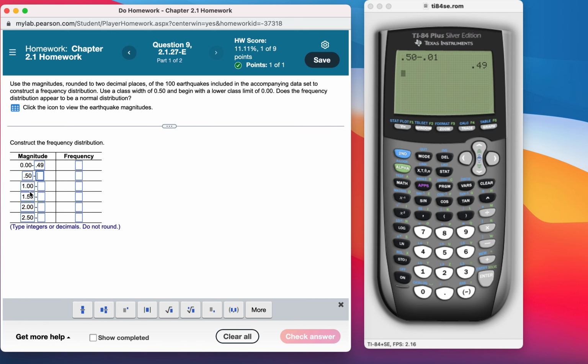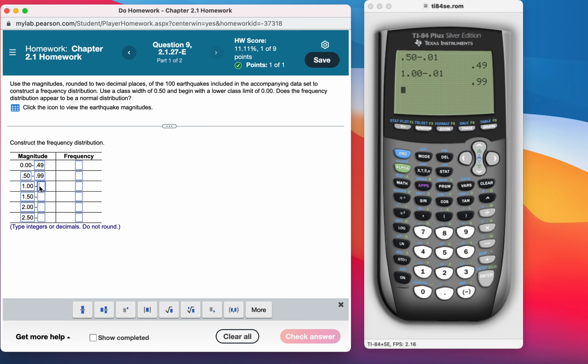And again, if I'm going to subtract 1/100th from 1.00, that would be 1.00 minus 0.01, which is 0.99. And here you can see a pattern emerging.